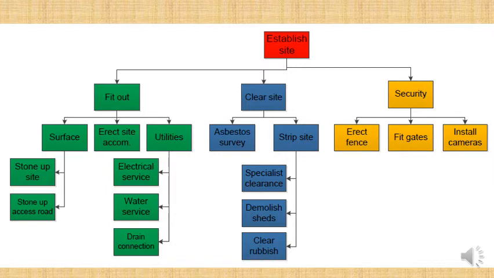And the other work package was down to utilities, making sure there was water, there was electricity. We also got a Wi-Fi connection installed for the workers, and also wastewater. We had to make sure there was going to be no sewage contamination that would have made the men sick. With security, that was broken down into 3 work packages: erecting the fences, fitting the gates, and also installing cameras.